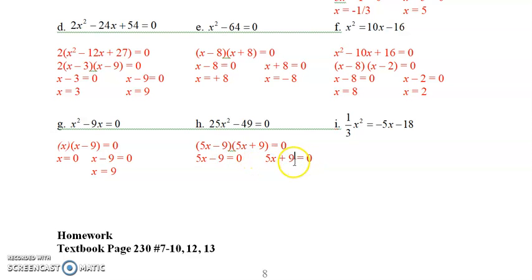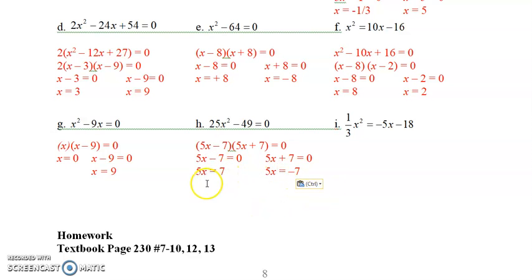Oh, sorry, that should be 7. Don't mind me. You guys are looking and saying, what's that? The square root of 49 is 7, not 9. I do apologize. And then we have 5x equal to 7. The other side would be 5x equal to negative 7, as you subtract the 7 from both sides.